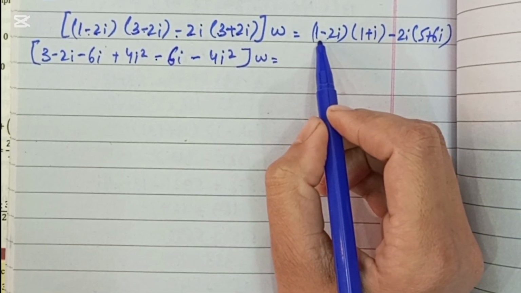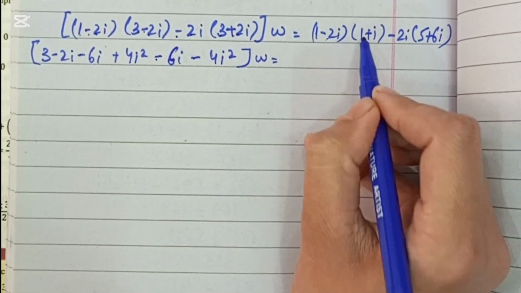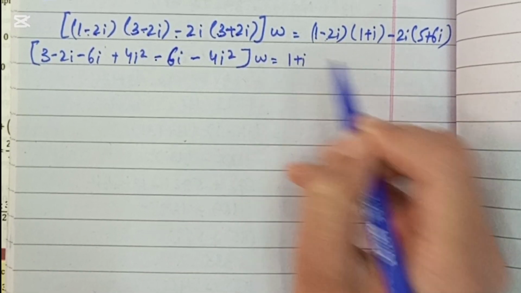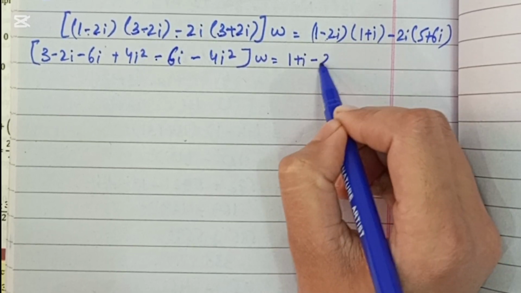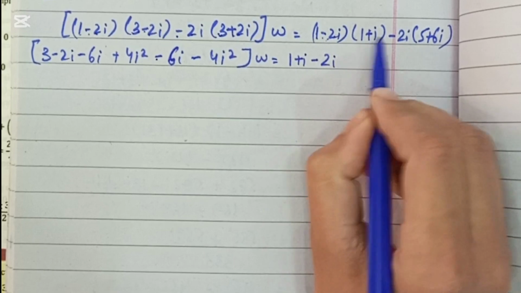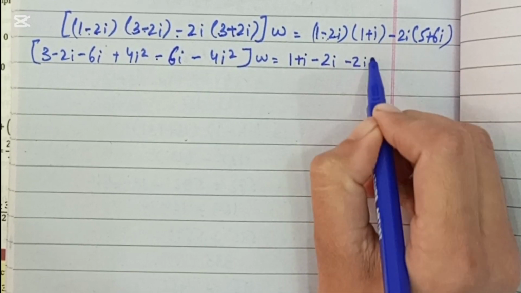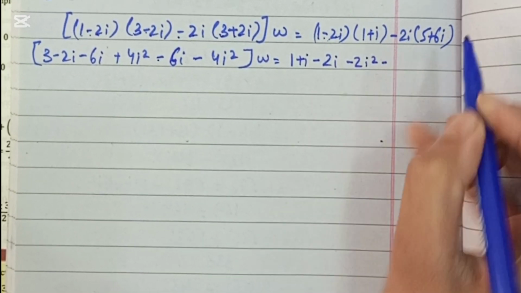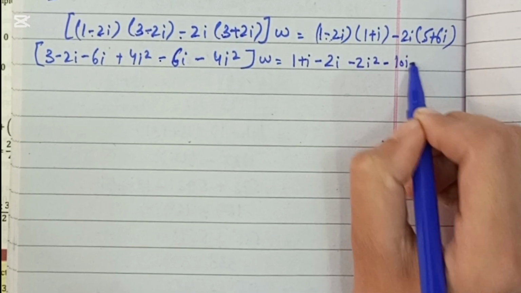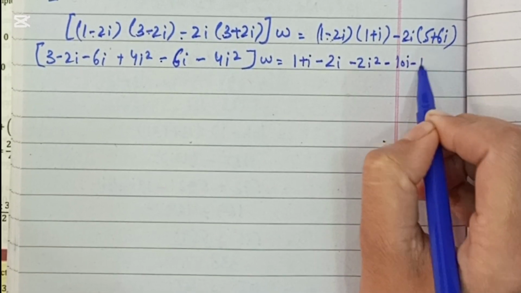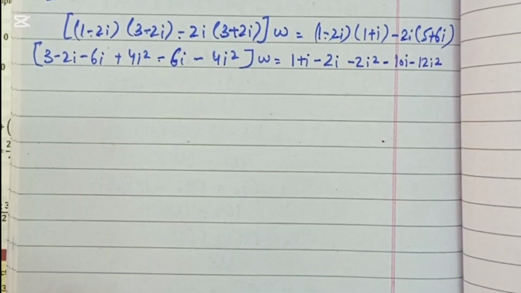On this side we will write: 1 multiplied with anything will give you the same thing, minus 2 iota into 1 will give you this, and minus 2 iota into iota will give you minus 2 iota square, minus 5 into 2 is 10 iota, minus 6 into 2 is 12 iota square.